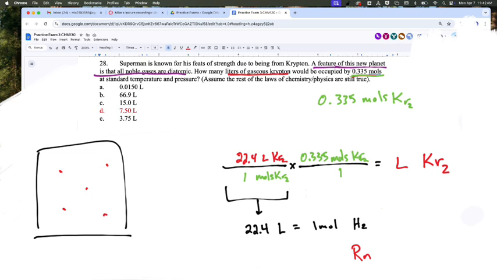What was one of our assumptions that we make when we talk about the ideal gas? They literally have no volume. So it does not matter the identity of the gas. It's irrelevant. Because they all take up no volume, period. So the idea of size becomes an irrelevant argument.